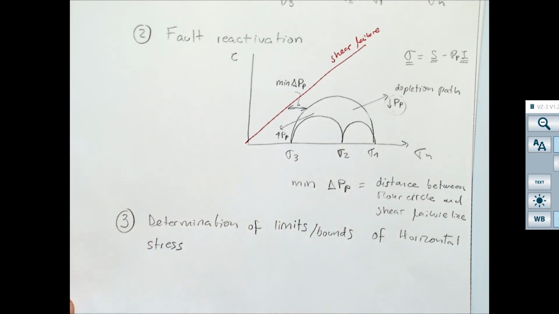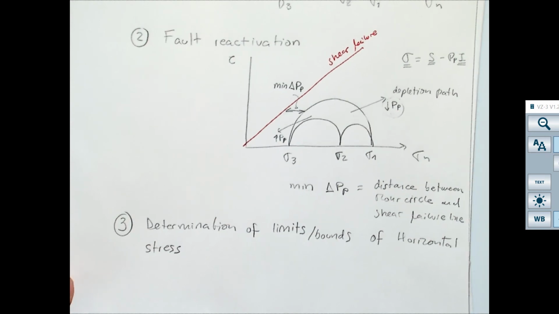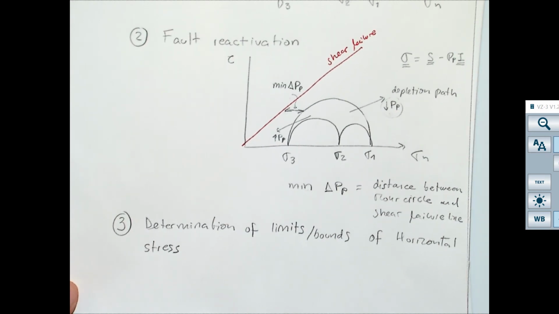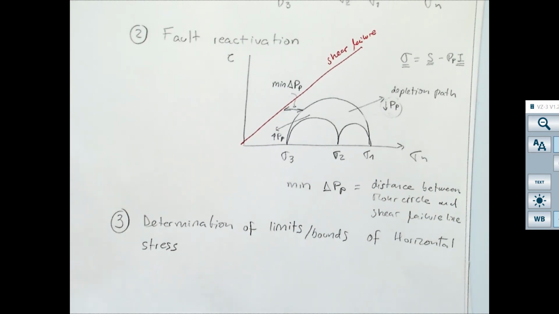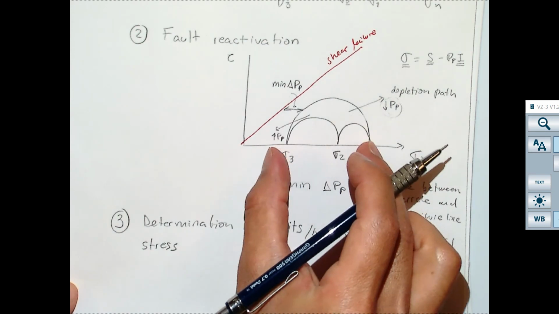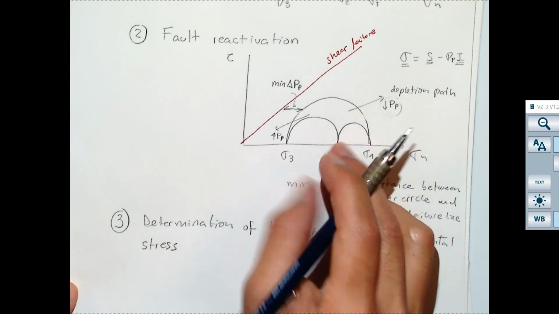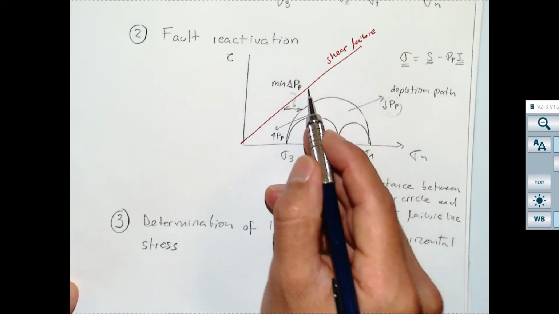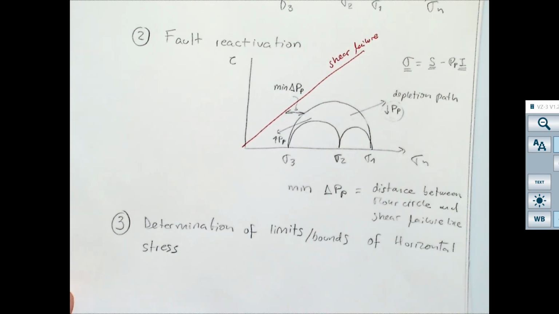Okay, what does this mean? We are saying that if we increase stress too much, effective stresses too much, if the diameter of this Mohr circle gets big enough, it's going to run into the shear failure. And it cannot grow any bigger than that.